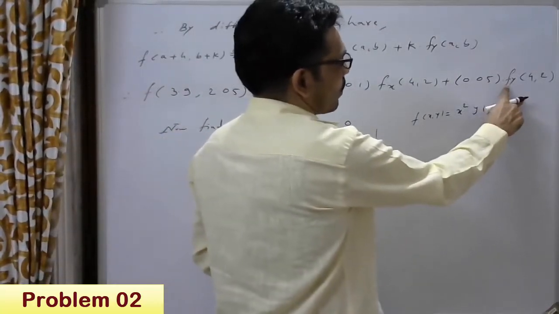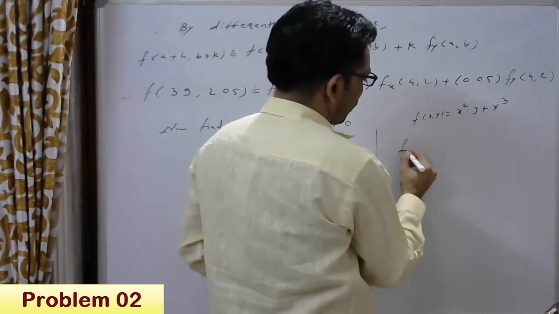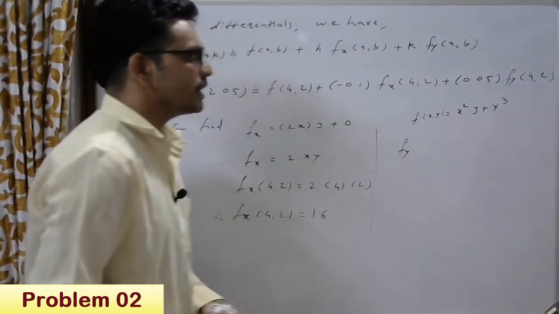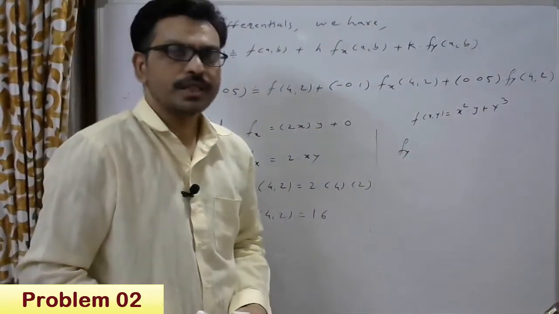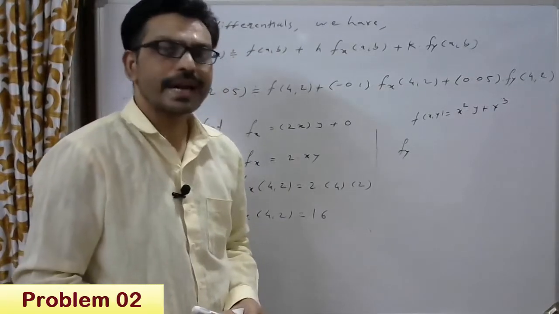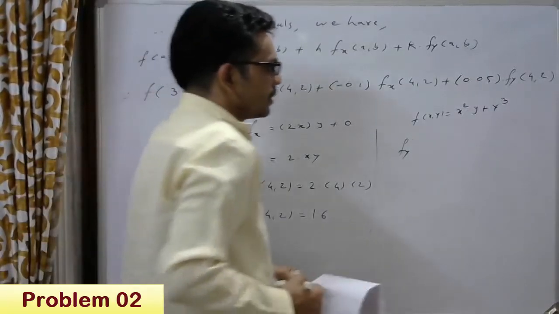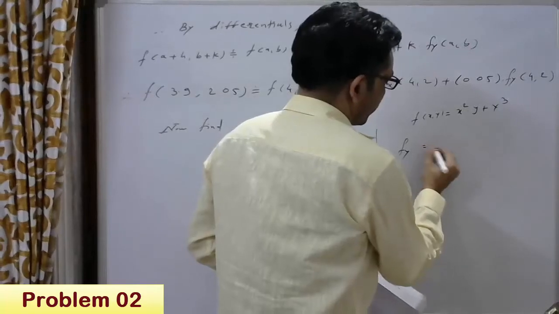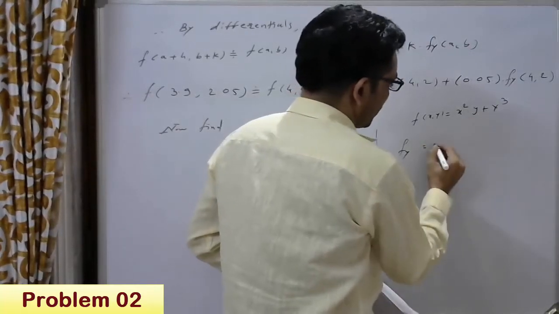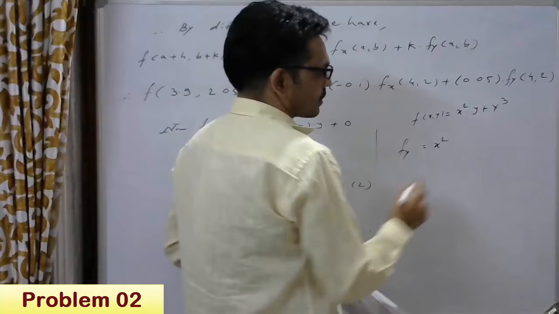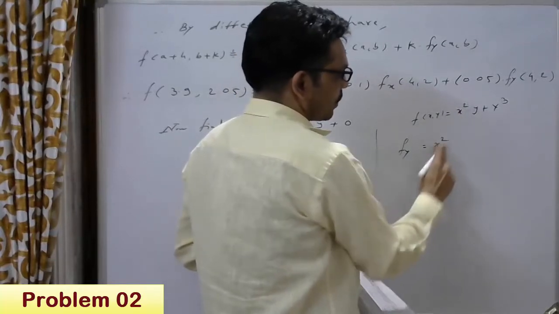Now, second, the value of f_y. That is differentiating the function f partially with respect to y, treating x as constant. Here x squared is constant, so we write x squared as it is.